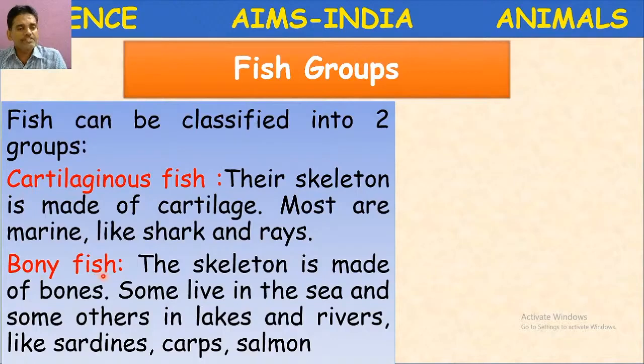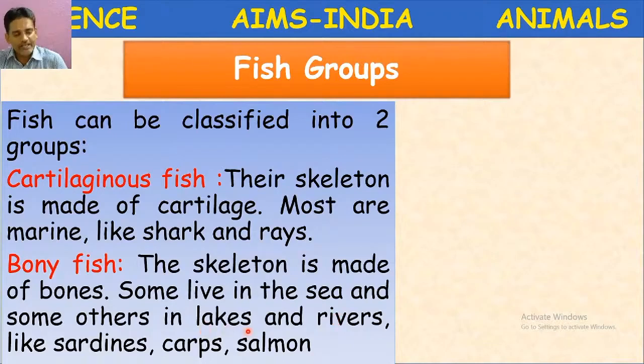Next, bony fish. Bony fish are most common. The skeleton is made up of bones. Some live in sea and some in lakes and rivers. They live in different habitats: salt water, sea, fresh water, rivers, and brackish water, lakes.